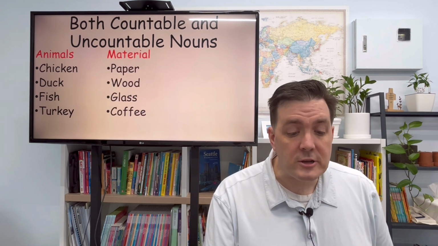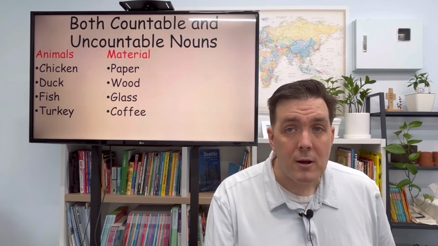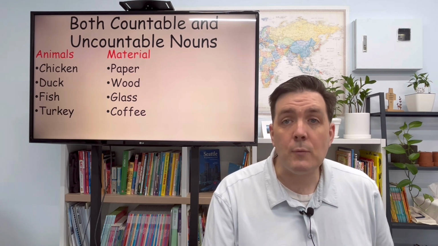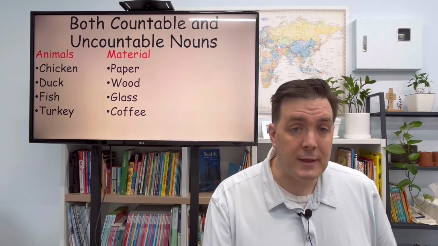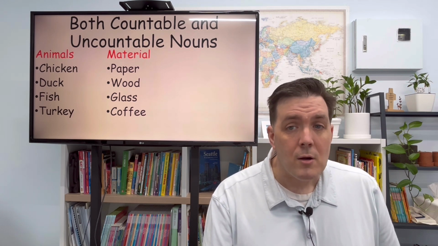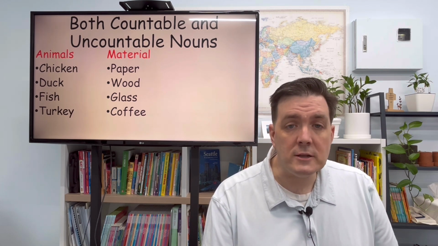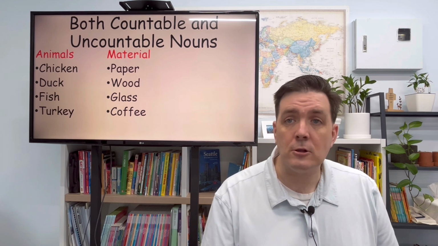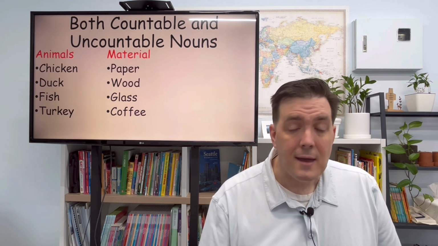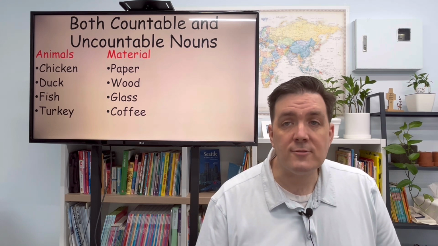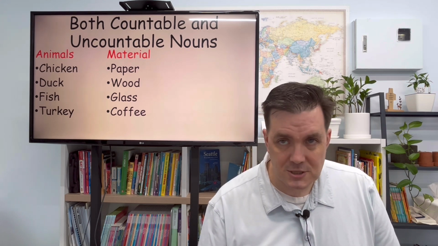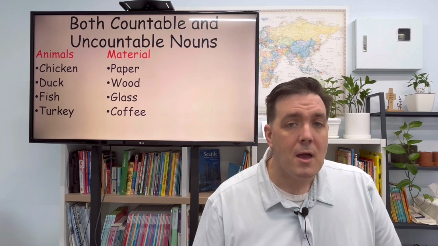Now we have some other examples as well. Paper as something that we buy in the store that we use to write on is an uncountable noun. However, we can say that my students had to turn in an English paper. Okay? A paper then is countable. So the students have to write 5 papers throughout the semester.